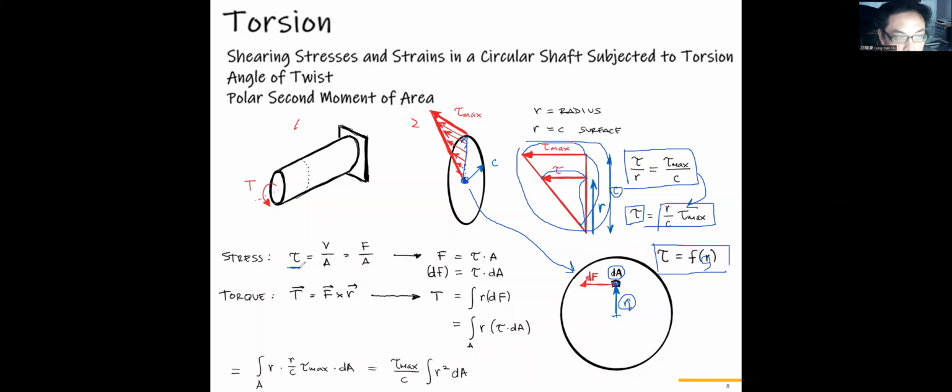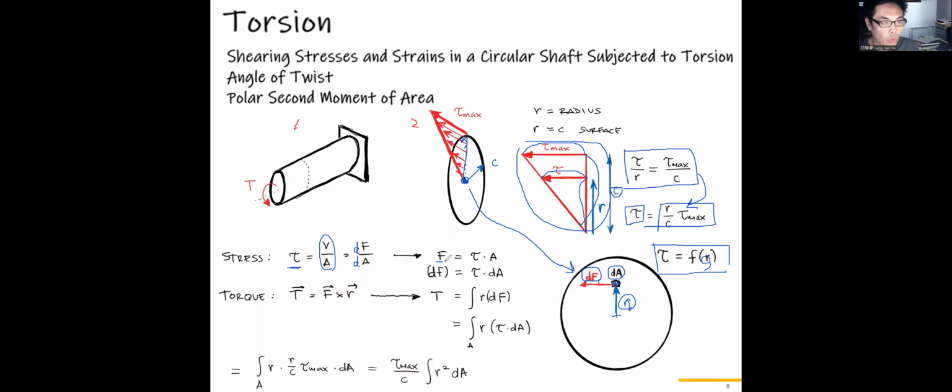The force here is the shear force V divided by the cross section A. The tiny force applied to the infinitesimal area is dF, so dF divided by dA in this case.